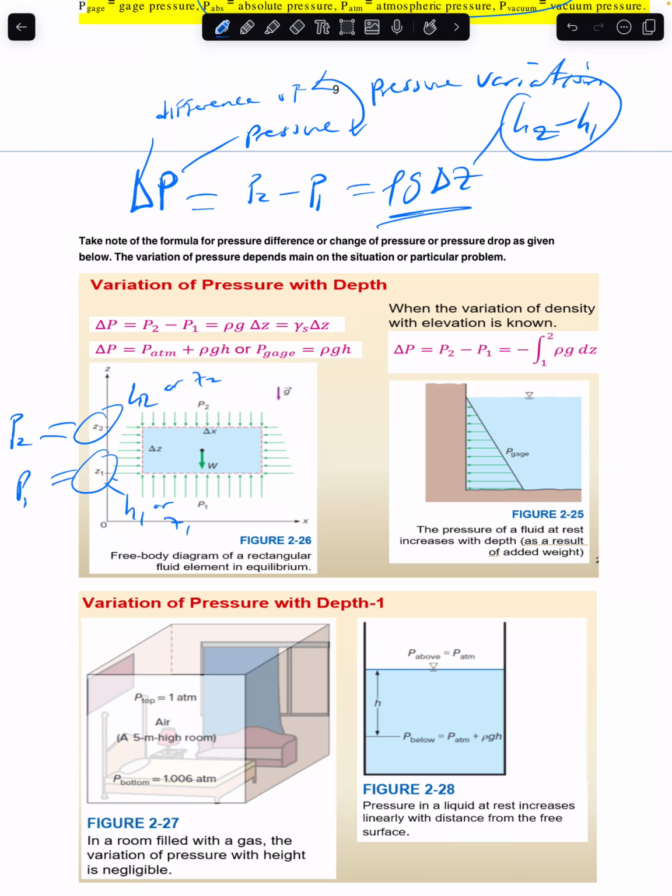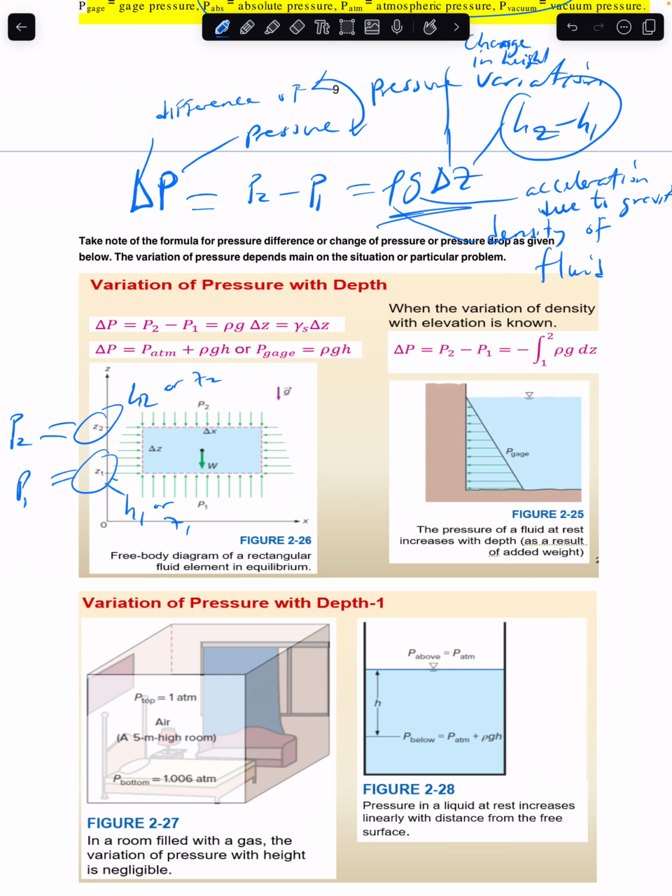So this is the density of the fluid, this is the acceleration due to gravity, and this is the change in height.